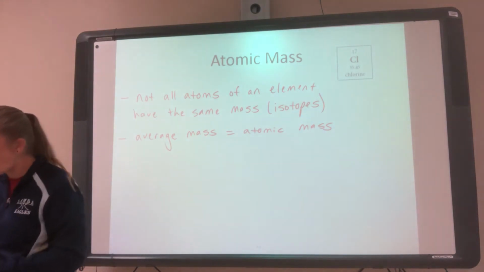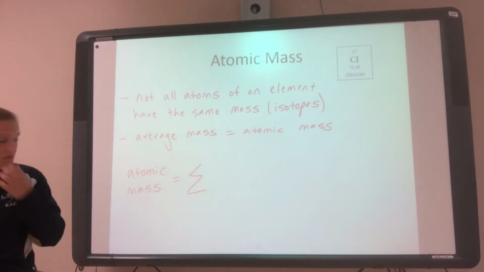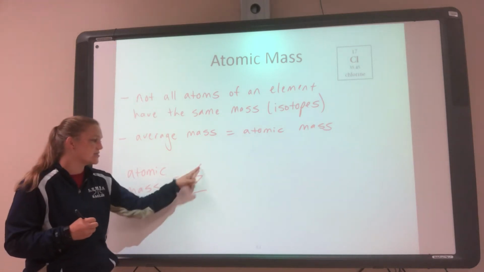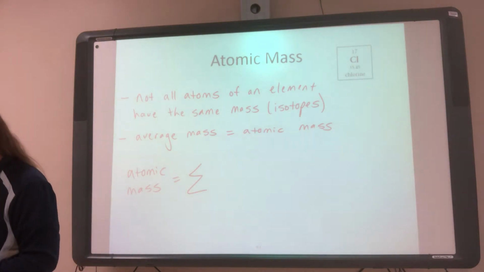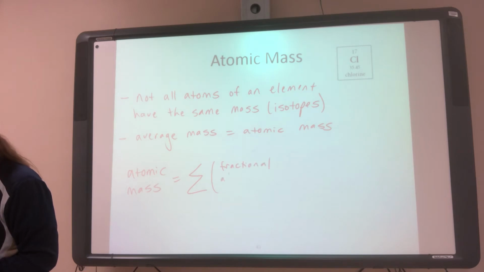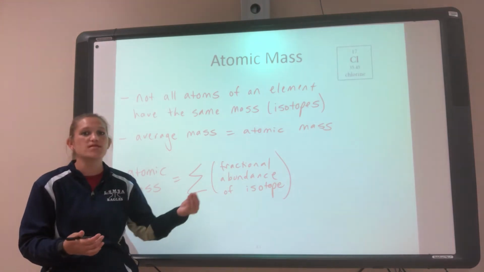So let's write out our formula for this. My atomic mass is going to be equal to, this is a capital sigma. It's a summation. So I'm going to add things together. I'm going to add up the fractional abundance of my isotope. That just means instead of like 70%, it would be 0.70.